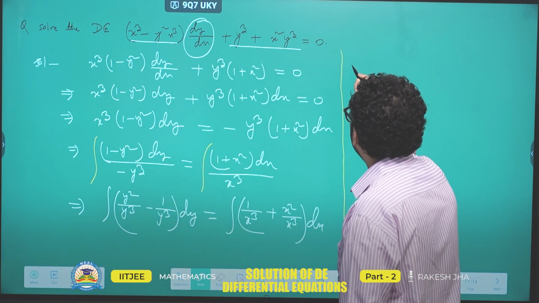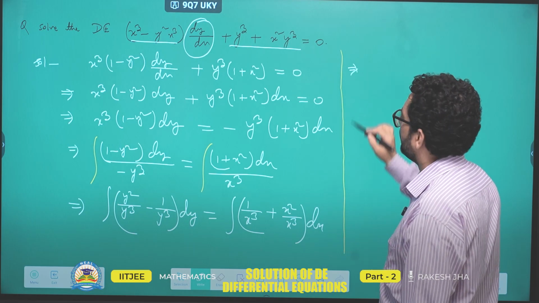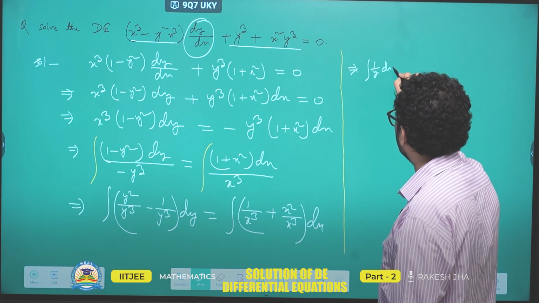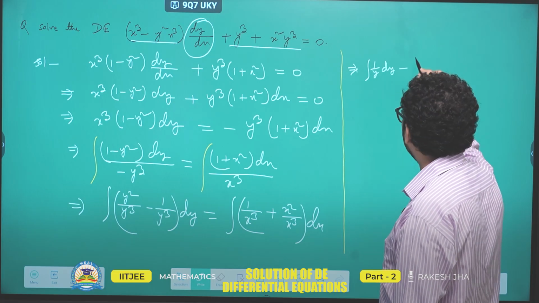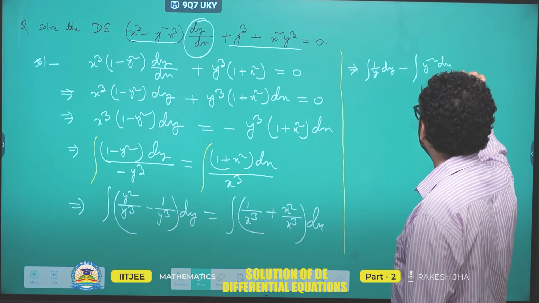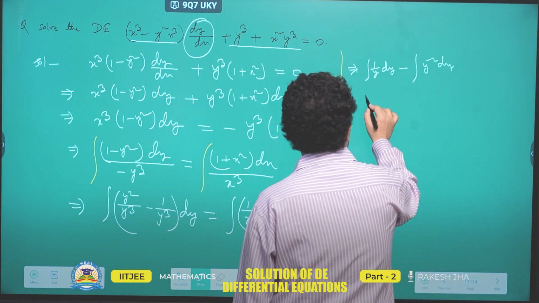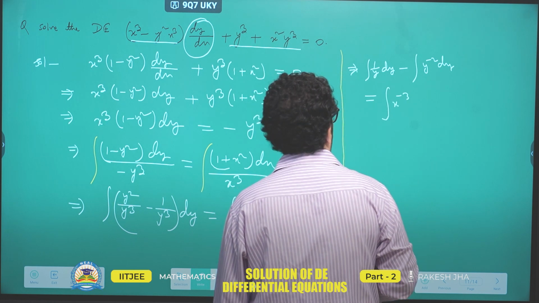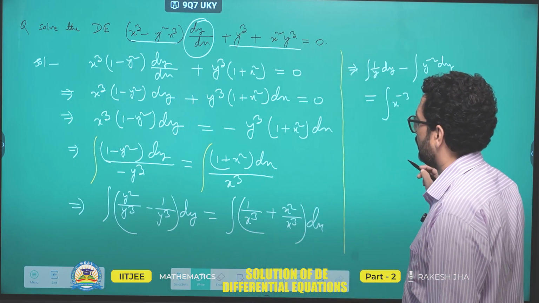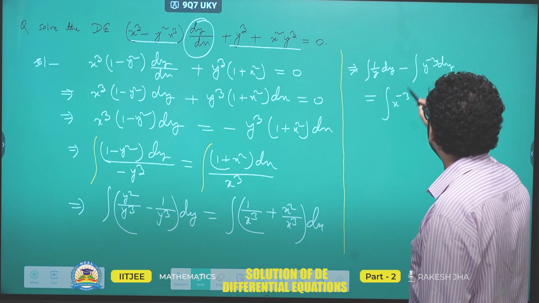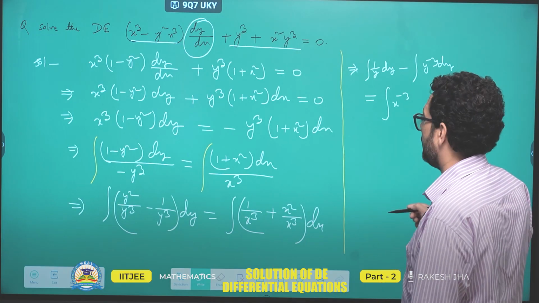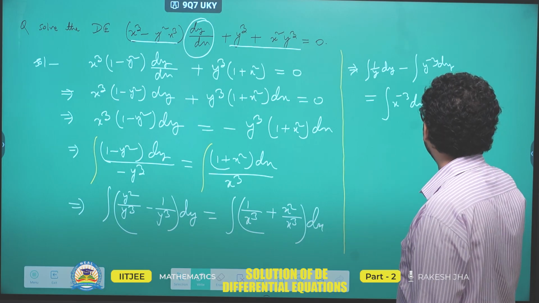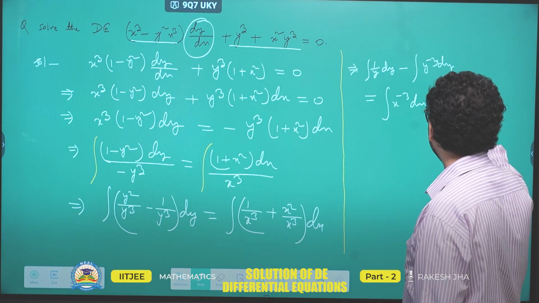Here, y square upon y cube is 1 upon y dy, minus y raised to the power negative 2 dy, is equal to x raised to the power negative 3 (for 1 upon x cube), and if you separate, plus 1 by x dx.